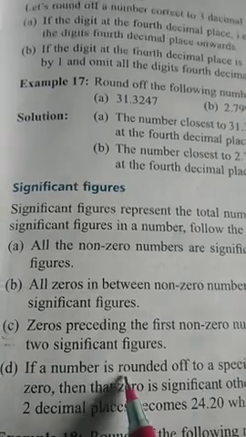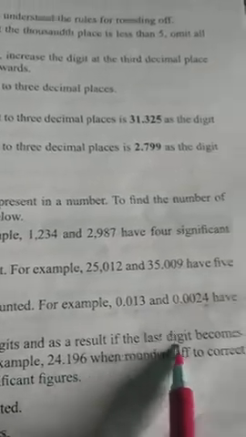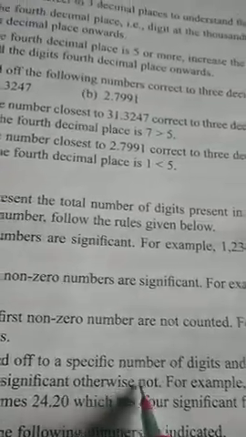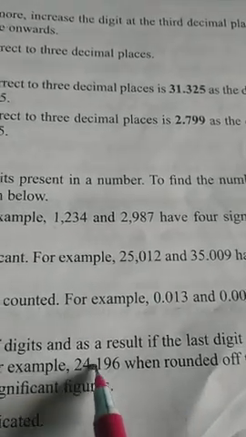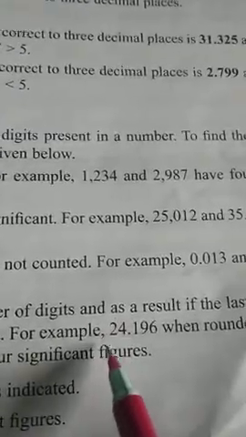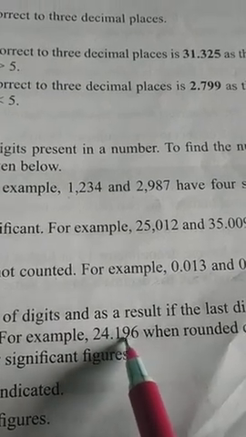Last is, if a number is rounded off to a specific number of digits and as a result the last digit becomes 0, then the 0 is significant, otherwise it will not be significant. Suppose there is a number 24.196 and it is rounded off correct to 2 decimal places. After the decimal you can see 2 digits. So it will be rounded off.